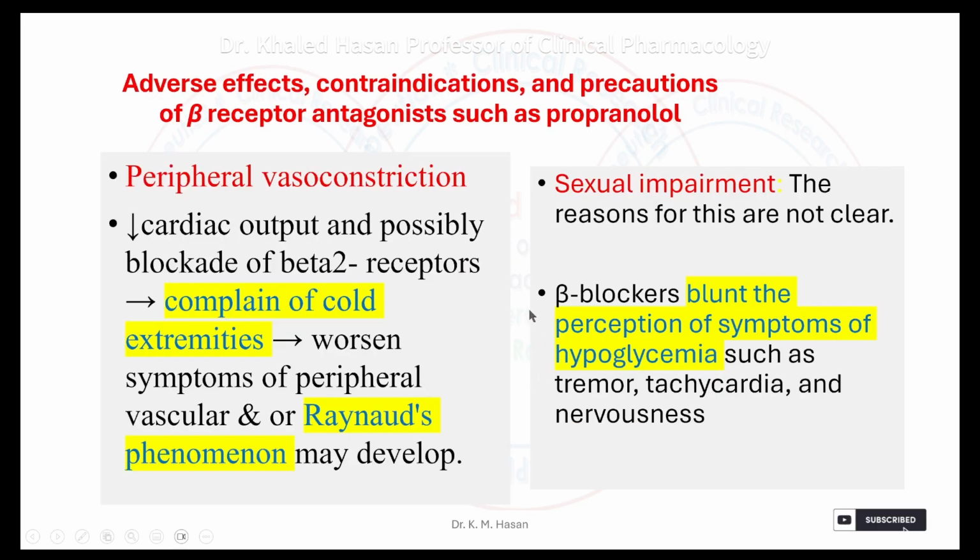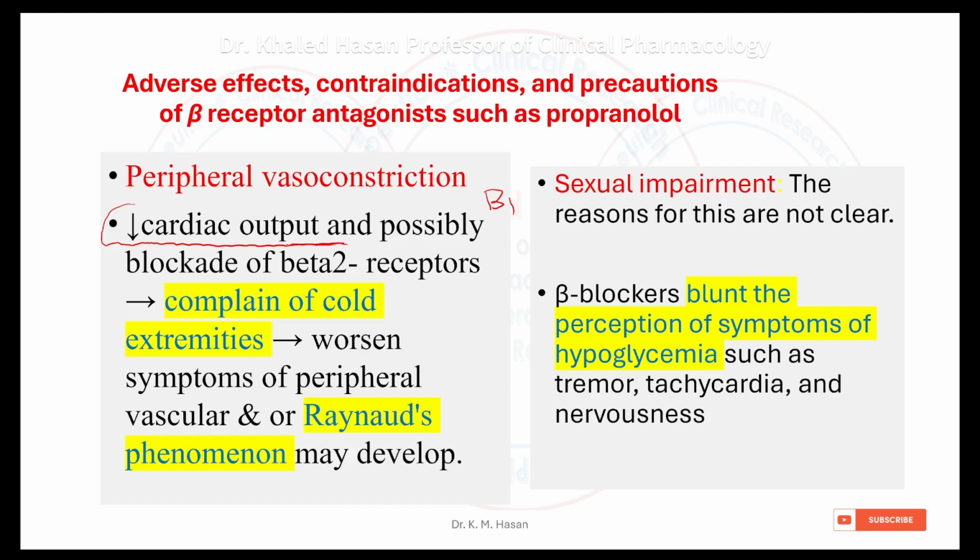Okay, adverse effects. We discussed the peripheral vasoconstriction here. When you prescribe a beta blocker to your patient, the result will be decreased cardiac output related to the block of beta 1.